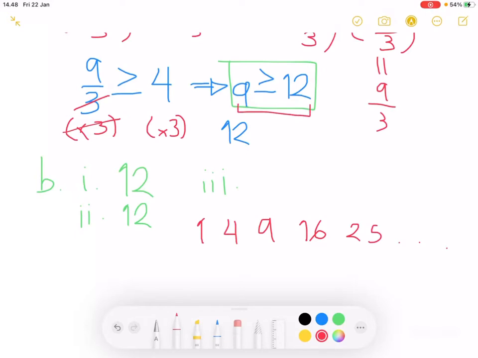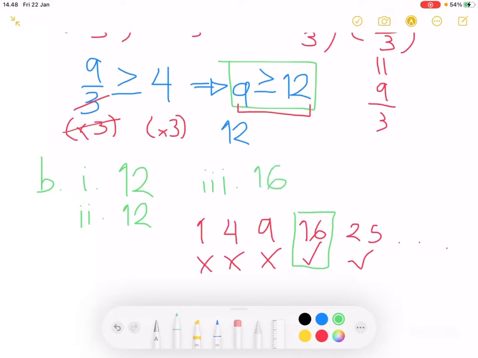Notice 1 does not satisfy this, 4 does not satisfy this, 9 does not satisfy this, 16 however satisfies this, and all values above 16 satisfy this. But we're going to take 16 because we're looking for the smallest value. So our answer for our BIII part is 16.